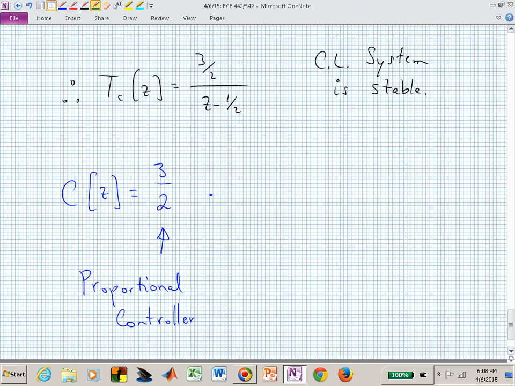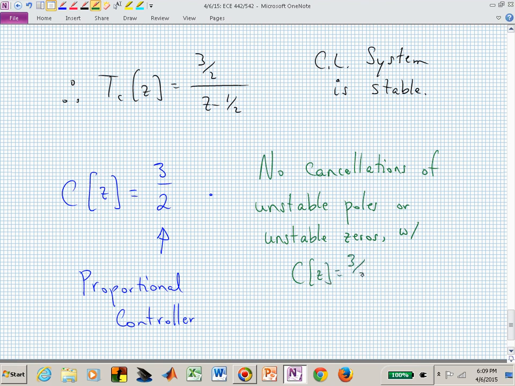This controller, for a proportional controller, had no cancellations of unstable poles or unstable zeros, with C of Z equal to 3/2.